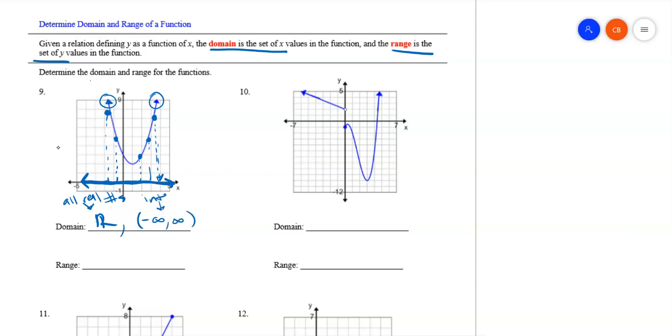And there is another way to write it, where you say x is anything in between negative infinity and infinity. These would all be equivalent to each other.